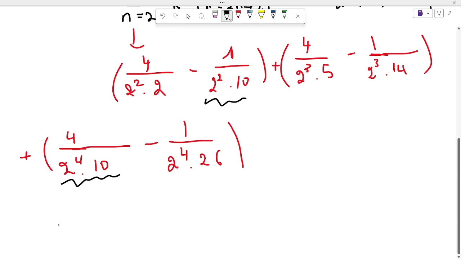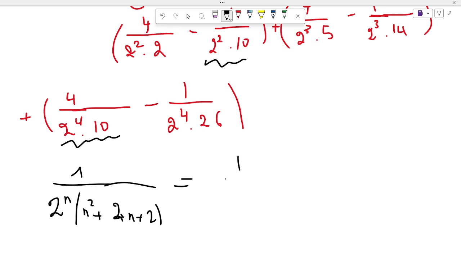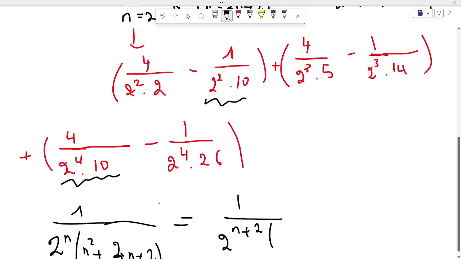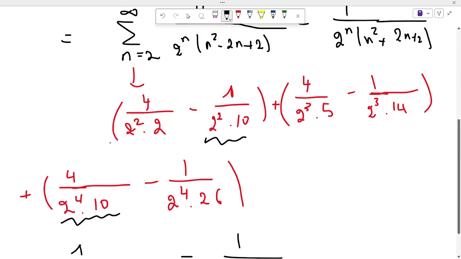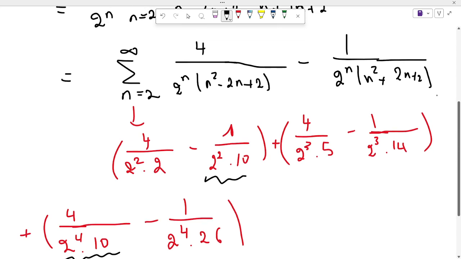So we're going to conjecture that 1 over 2 to the power n times (n squared plus 2n plus 2) is the same as 1 over 2 to the power (n plus 2) times (n plus 2 squared minus 2(n plus 2) plus 2), because one is minus 2n and the other one is plus 2n.